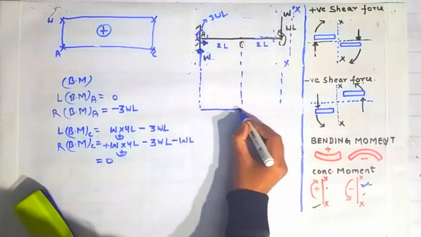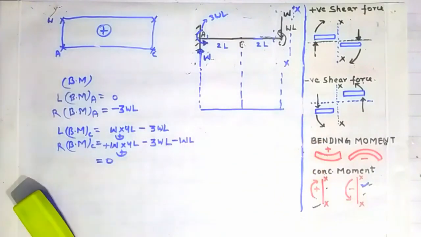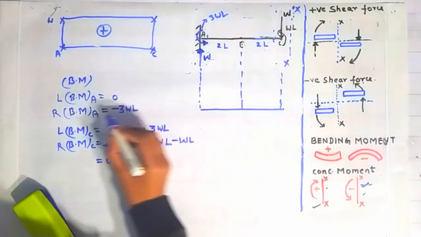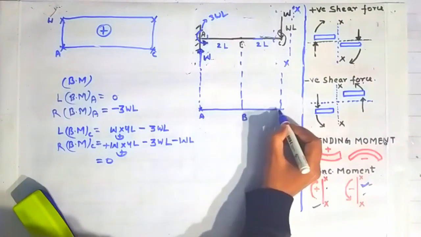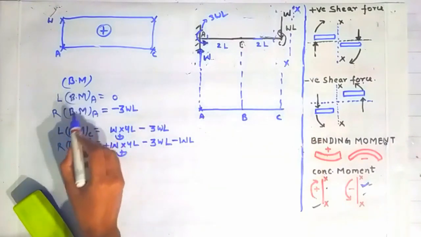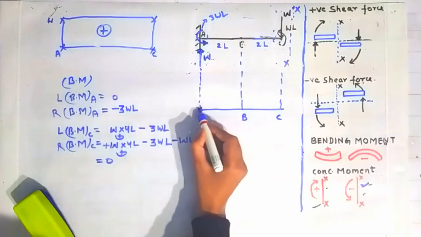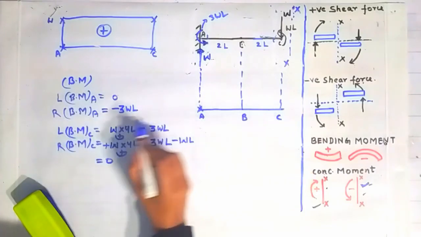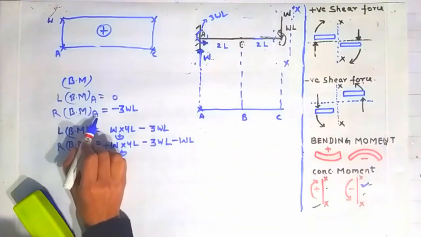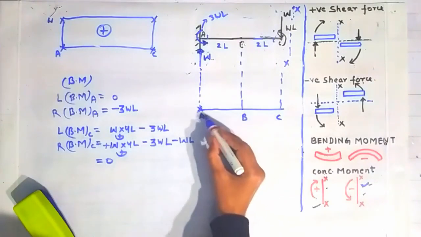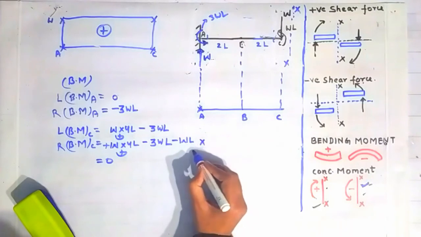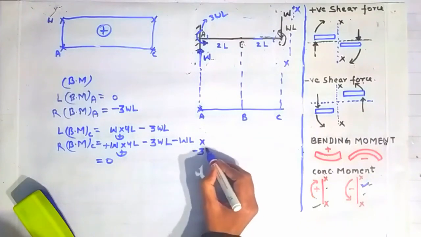Now we take a point here. It is A, it is B, and it is C. On the left side of point A, the bending moment is 0, so making a cross here on this line, and on the right side of point A, it is coming out to be minus 3WL. So minus 3WL will be down this line, somewhere here.